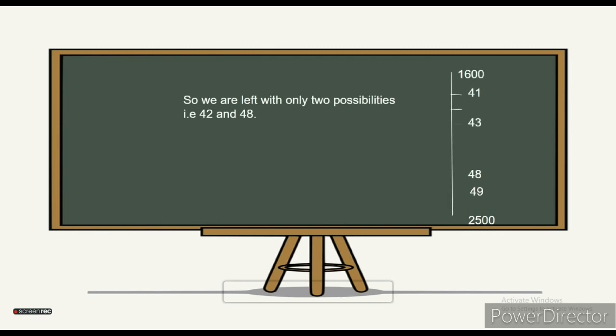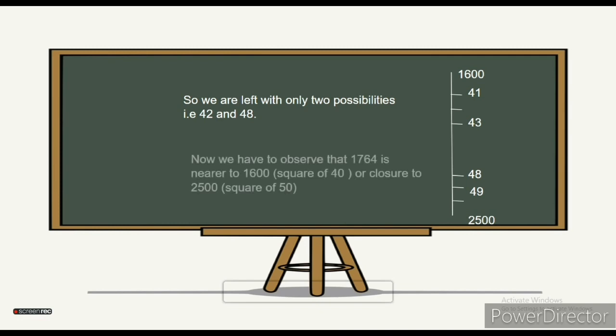So, now we are left with only two possibilities, that is 42 and 48. Now, we have to observe that 1764 is nearer to which number? Is it closer to 1600 or closer to 2500?